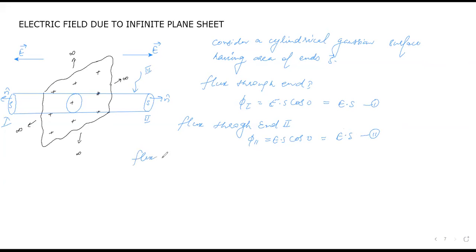Then the flux through the curved surface will be phi 3, which is equal to E S cos of 90 degrees.